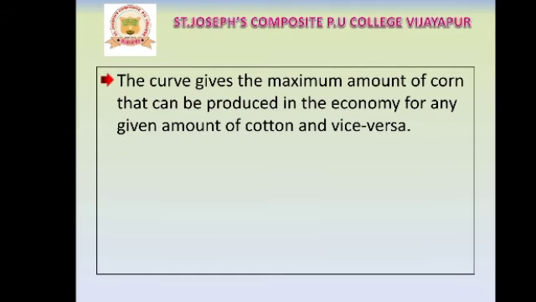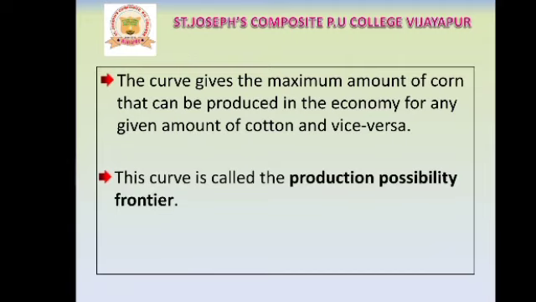And also the curve gives the maximum amount of corn that can be produced in the economy for any given amount of cotton, and vice versa. And this curve is called the production possibility frontier.